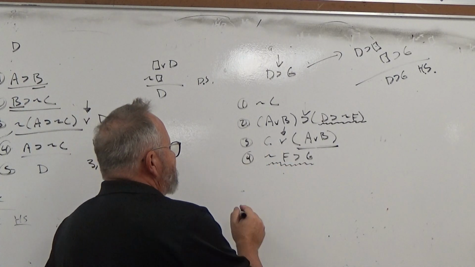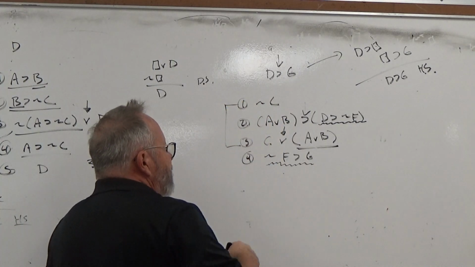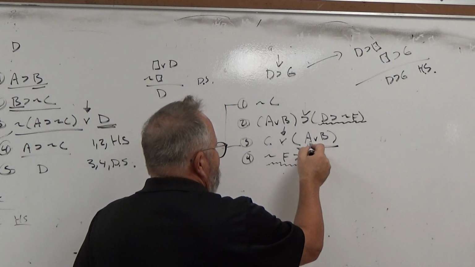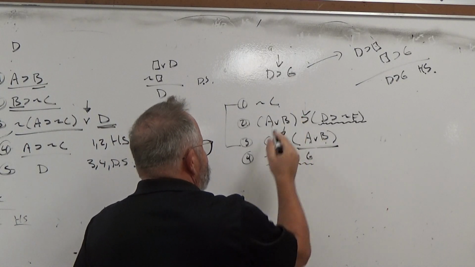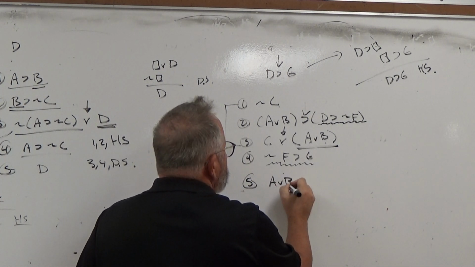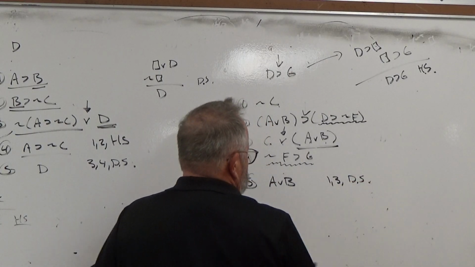So let me look around and see if I have a not C. There it is. So I'm just going to follow that line of thought backwards. C or A or B, not C. Therefore, A or B from 1 and 3, disjunctive syllogism.